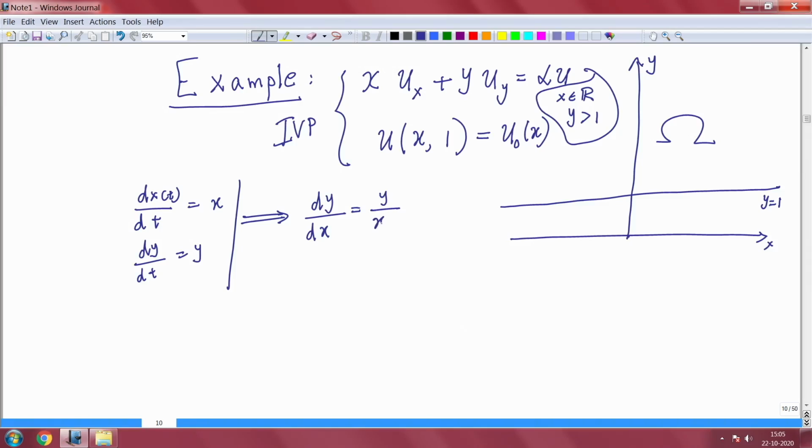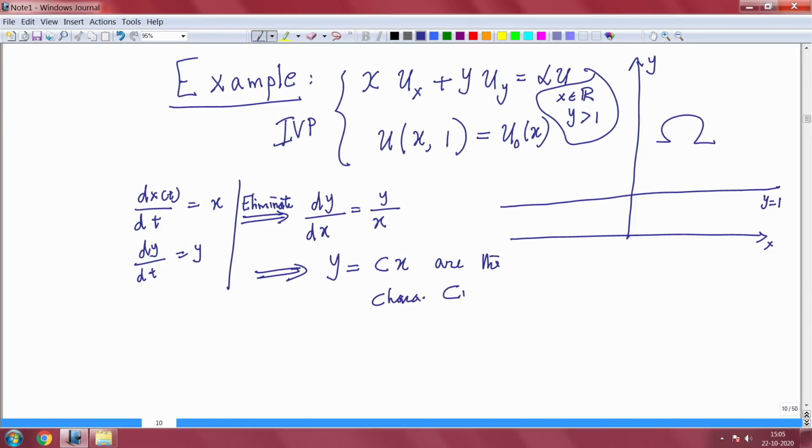So, you can eliminate t. If you can do it, that is the skill you develop. When you do not need the parameter, do not use it, and you can solve this. This is an ODE, and you can solve it: y equal to cx are the characteristic curves, where c is a constant of integration.